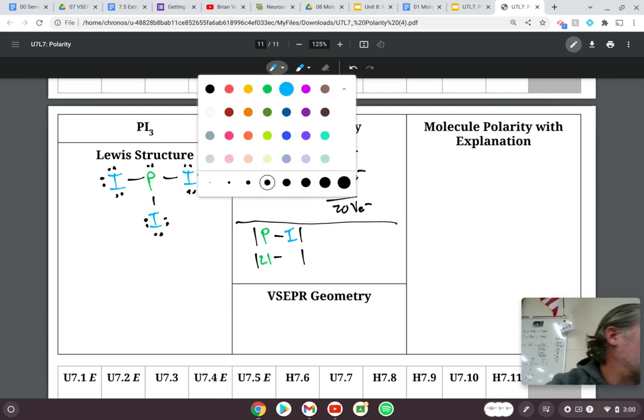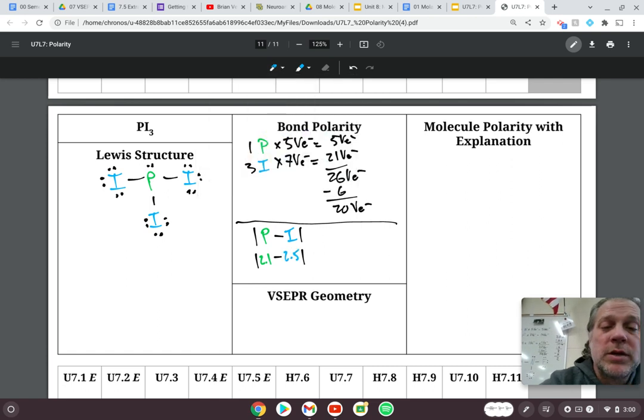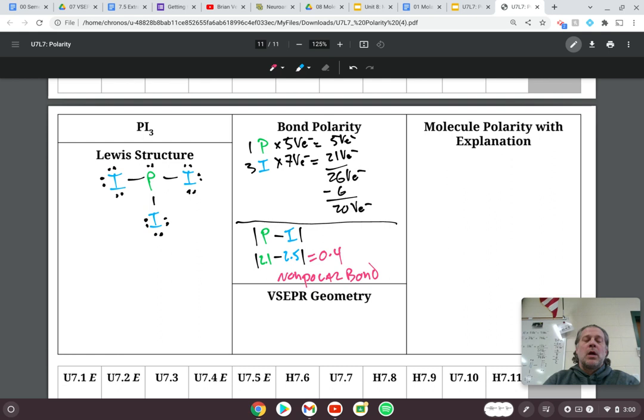And iodine has an electronegativity of 2.5. So when I subtract that out, I get a 0.4, making this a non-polar bond. So if it's a non-polar bond, I don't have any arrows I have to draw.